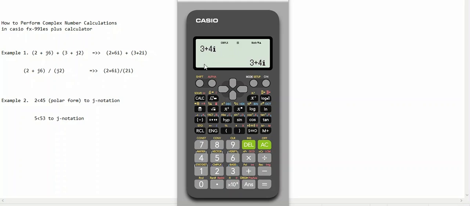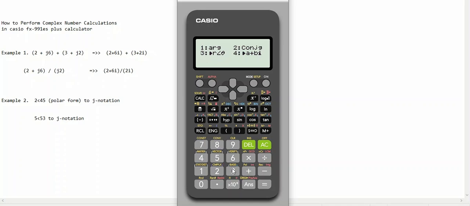Now to take this back to polar form, this is already in j notation. What you simply need to do is use the complex number command. I'll press shift complex, and it gives you 3 or 4 options for which to display your answers, and the polar form corresponds to number 3.